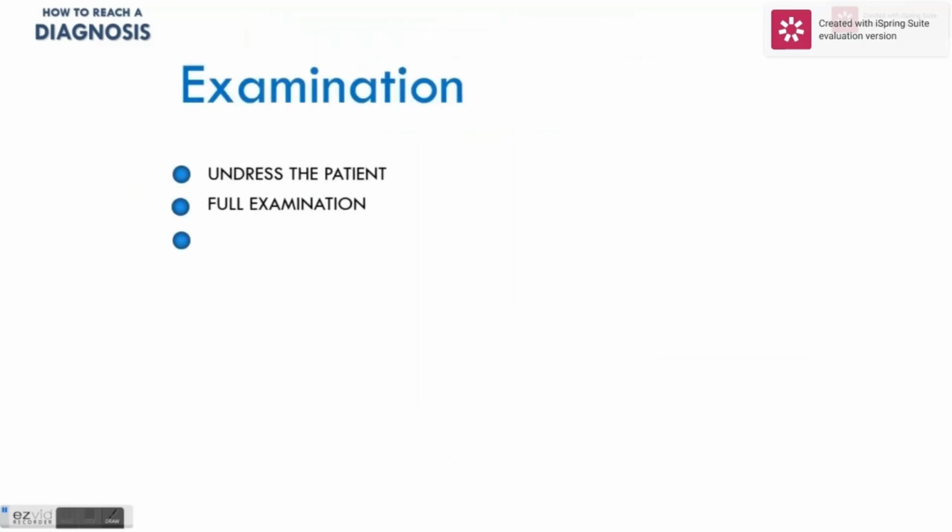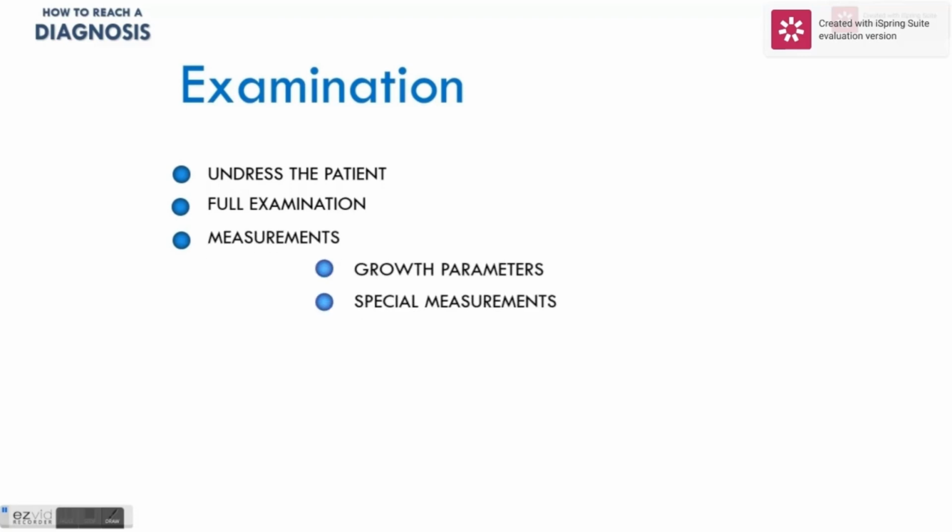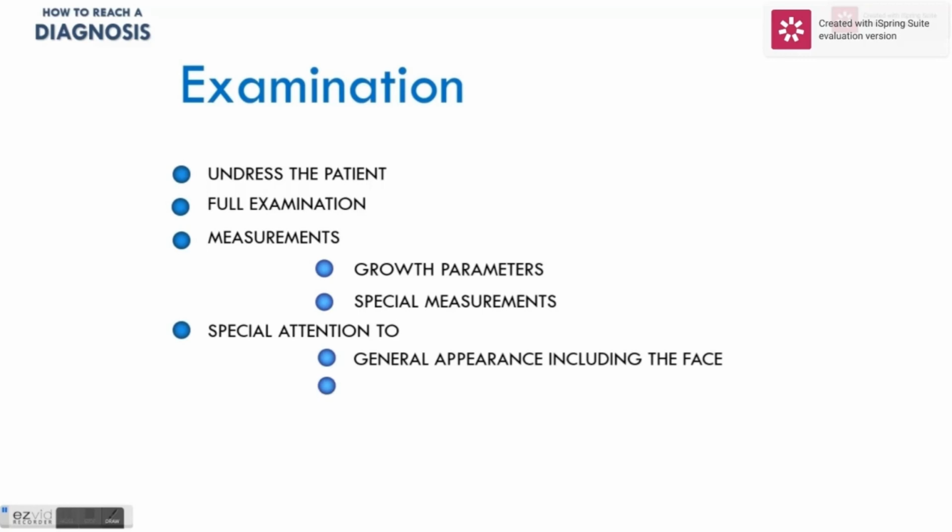Try to address the child or the patient during examination. Do a full examination and try to use measurements. The growth parameters, for example. There's a special measure within the face or the limbs. Look at the general appearance of the child, especially the face and the eyes and the palate and the genitalia and skin, which are commonly missed in examination.